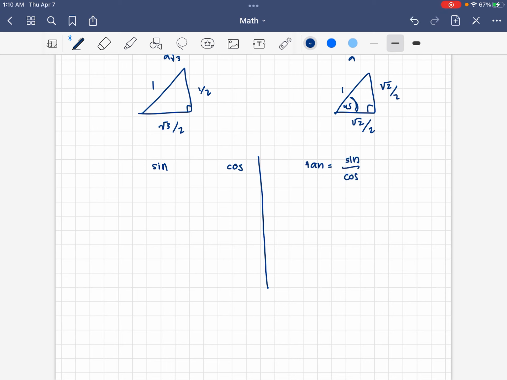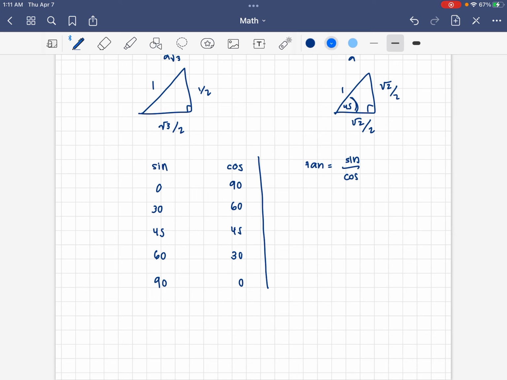So it's important that we remember sine and cosine, because from there we can find tangent. What I do is I write 0, 30, 45, 60, and 90. And then I go the other way: 90, 60, 45, 30, and then 0.